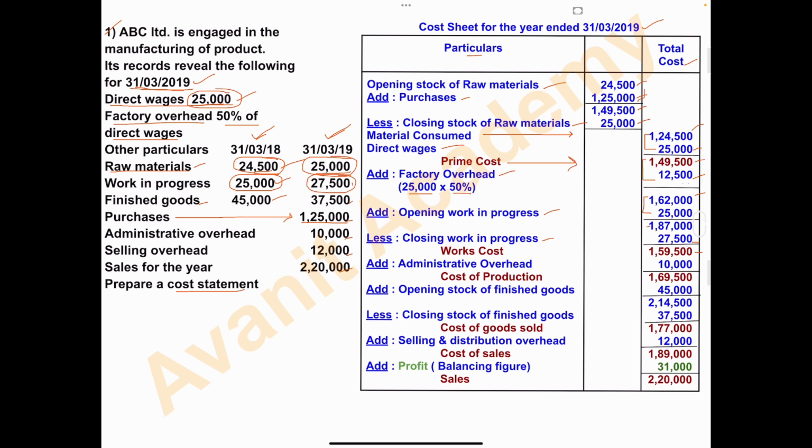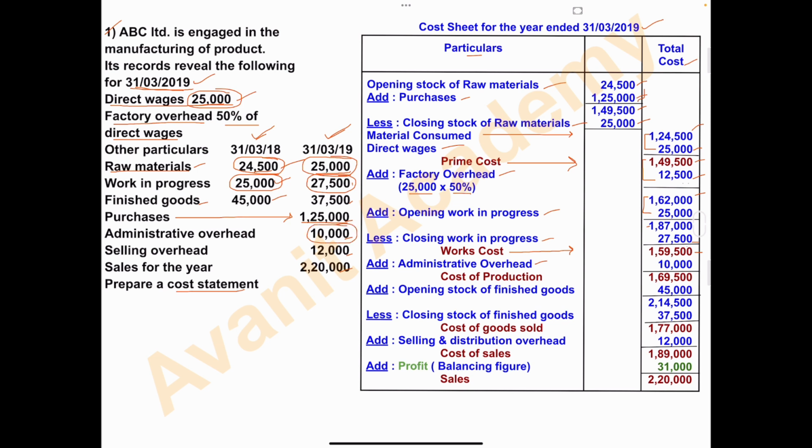To this amount, write works cost. After works cost, what do we have to take? Administrative overhead, which is also called office overhead. Right here, add administrative overhead. Administrative overhead amount is 10,000.